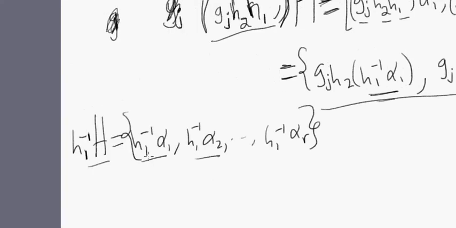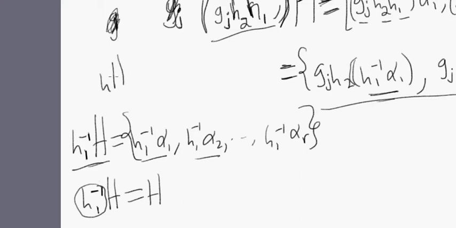Because remember, these things that we've bracketed are of the form H1 inverse times H, and we proved before that H1 inverse is an element of H. So H1 inverse times H just equals H. We proved that before, right? If we have H times H, where H is an element of H, H just equals H. H1 inverse is also an element of H, so H1 inverse H just equals H.